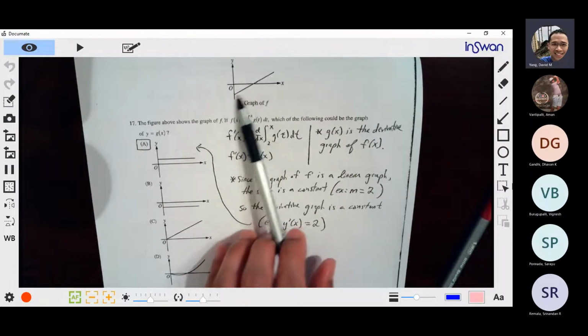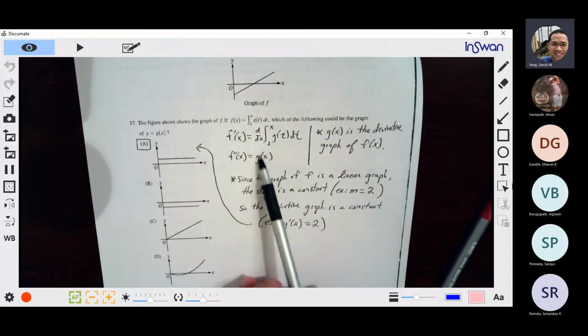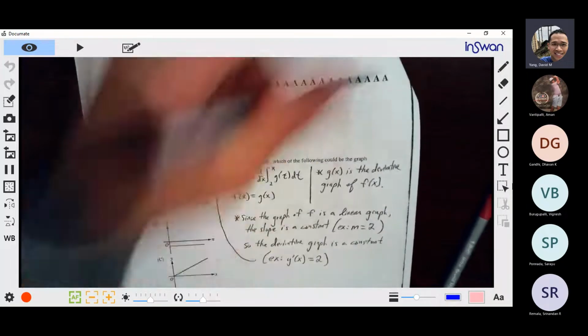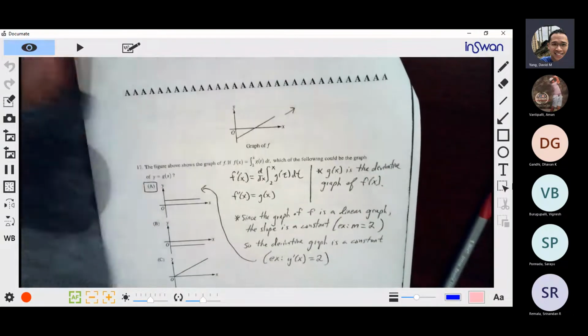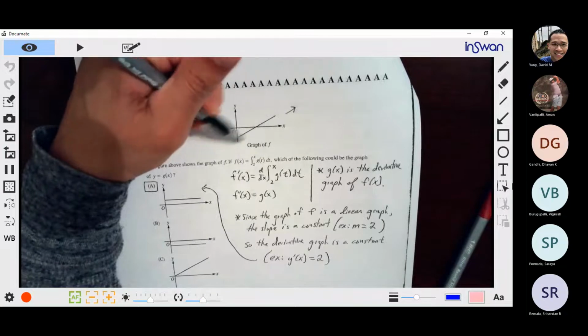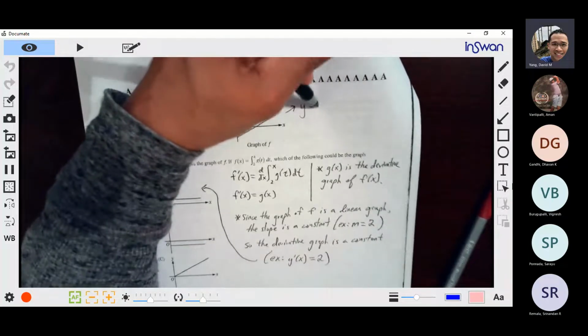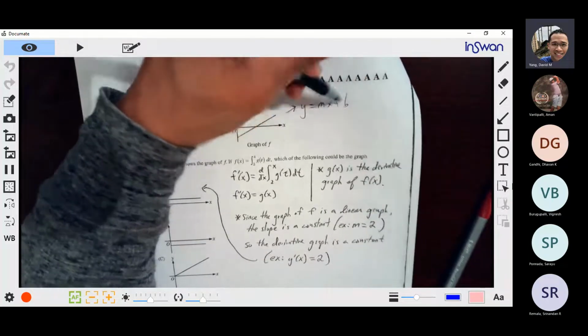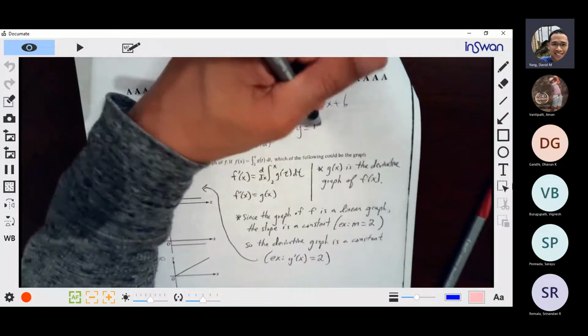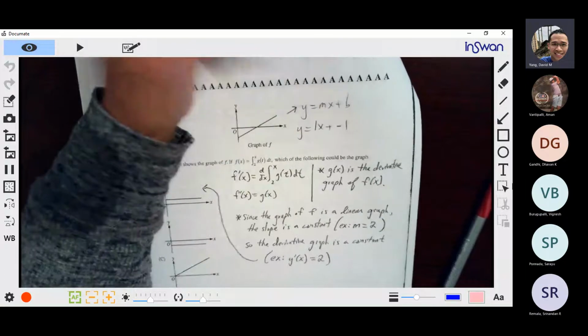That means we're talking about what could be the derivative graph of this. If you look at this, this is definitely a positive slope. Maybe this is y equals mx plus b. Maybe the m is 1 or 2, and the b value is negative 1.